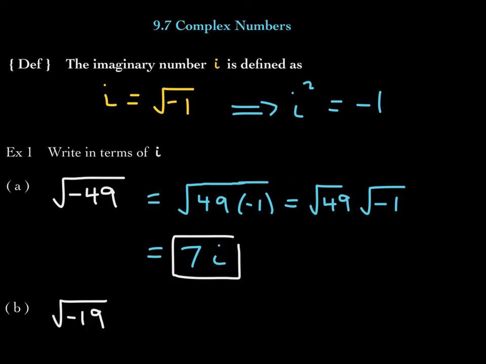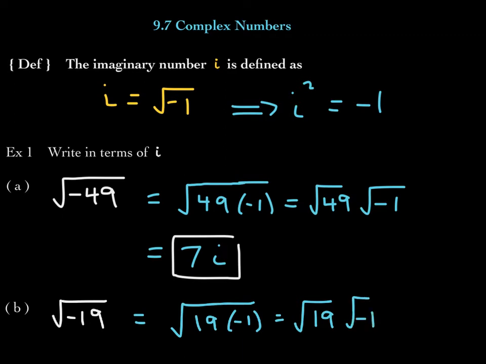The next one is the square root of -19. Again, I'll use the product rule for radicals. I won't show my work like this all the time, but just because we're getting started, I'm going to take it step by step here. So I've used the product rule to rewrite this as the square root of 19 times the square root of -1.